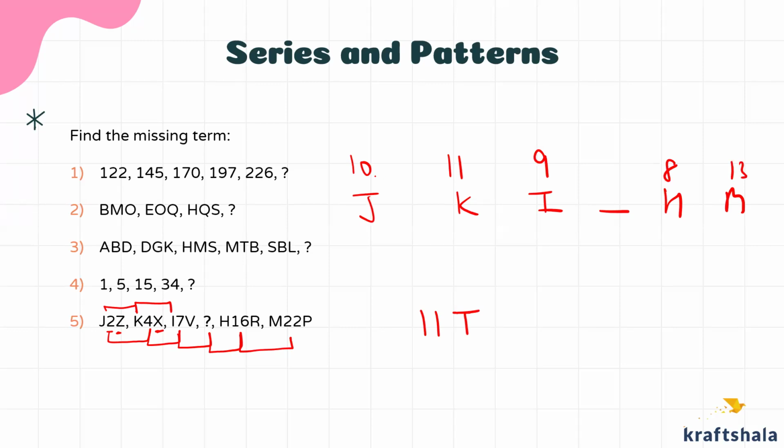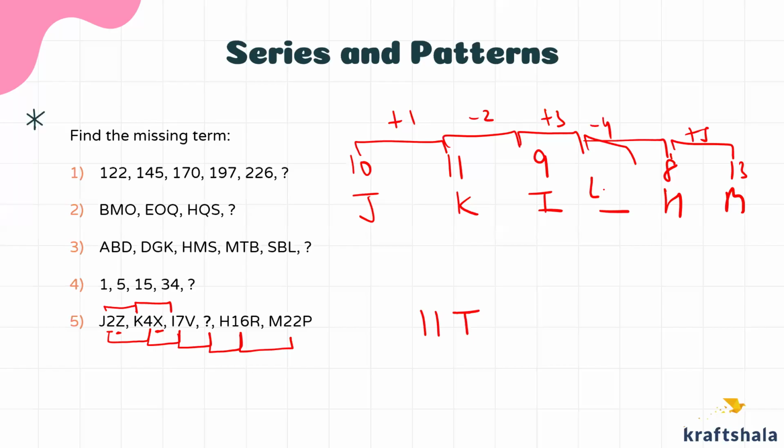So this logic is a bit tricky. This is plus 1, this is minus 2. Next can be plus 3, then minus 4, and next is this is minus 4, and next is plus 5. So this must be L. So the first letter was a bit tricky to find.